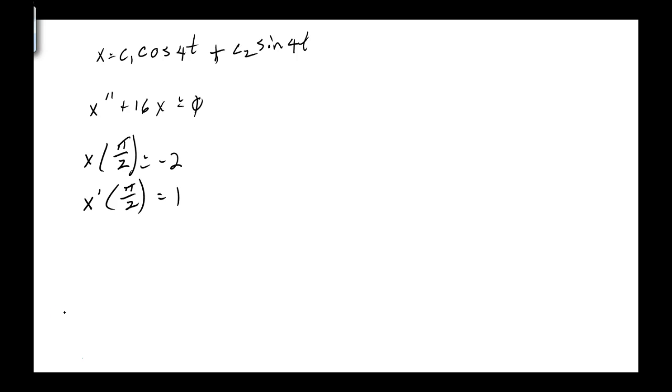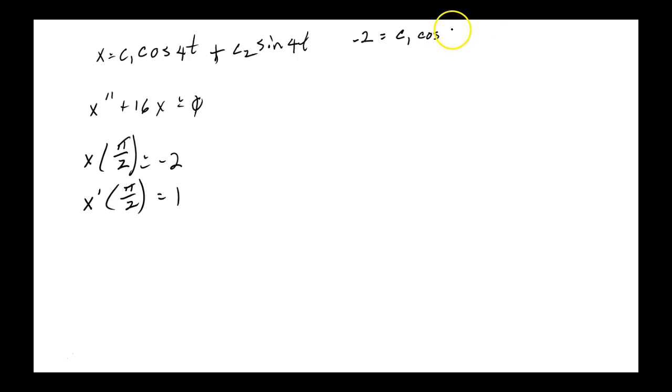What would still be a solution of the initial value problem there? So what we do is plug and chug. Let's plug the first one in here. -2, that's your x value, is equal to C1 cosine of 4 times pi halves.